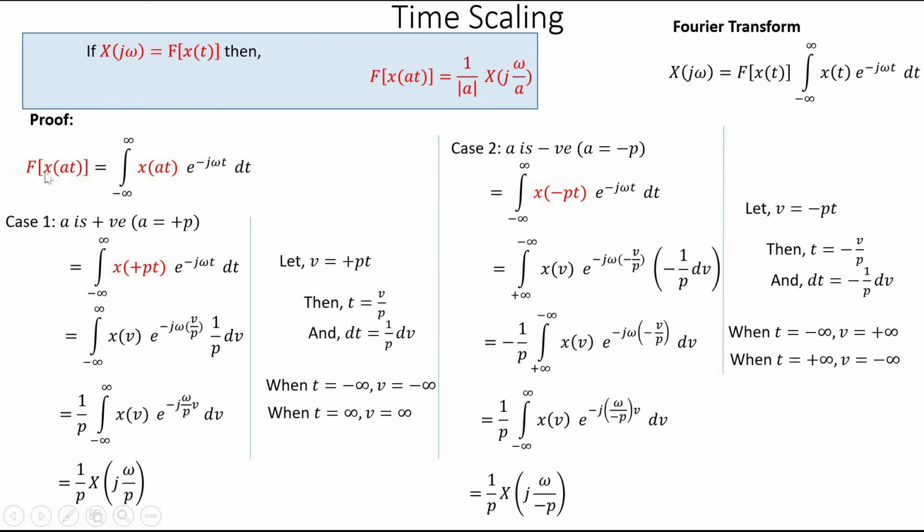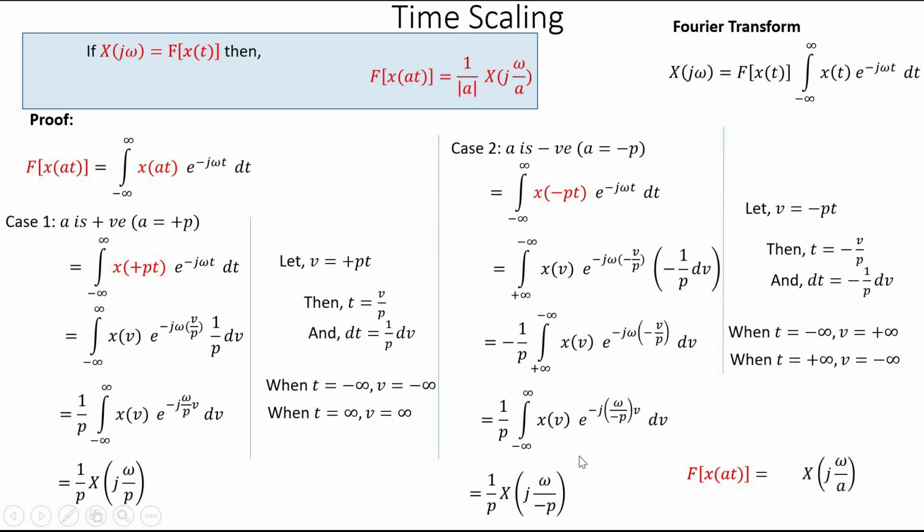So in order to find F of x of at, we have to combine these two, whether a is positive or negative. So if you consider this part, x of j omega by p, here it is x of j omega by minus p. That means when a is plus p, here it is plus p, when a is minus p, here it is minus p itself.